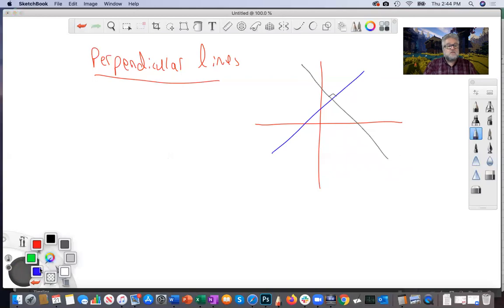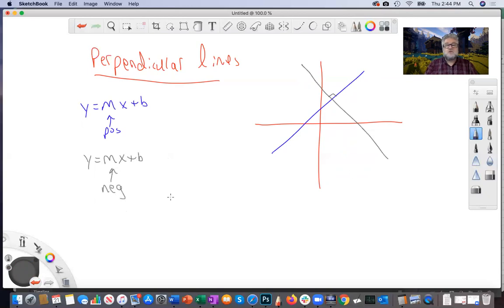Notice that for the blue line, the slope is positive. And for the gray line, the slope, it's going downhill, is negative. That's always going to be true. The y-intercept is here for the gray line, and the y-intercept for the blue line is here.